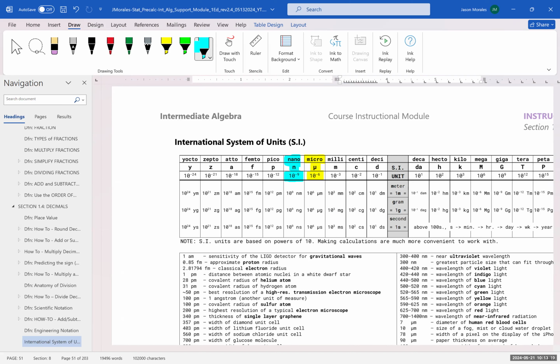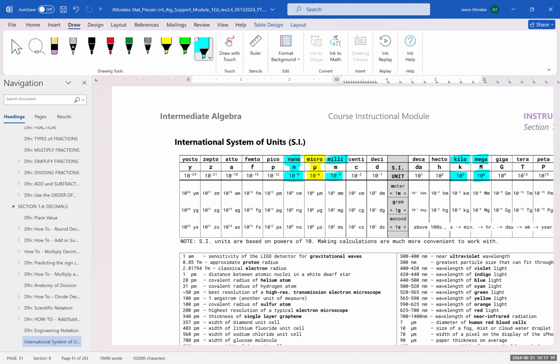Here, 10 to the minus 3 is milli, like millimeters. If we go to the other side, instead of negative exponents we have positive exponents. 10 to the 3 is kilo. You've probably heard of the kilogram. That's 10 to the third grams.